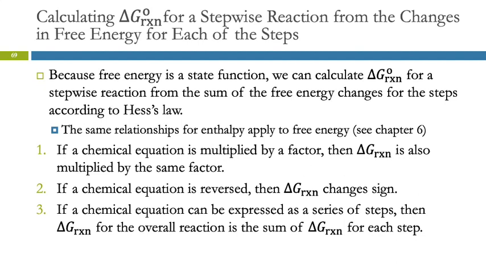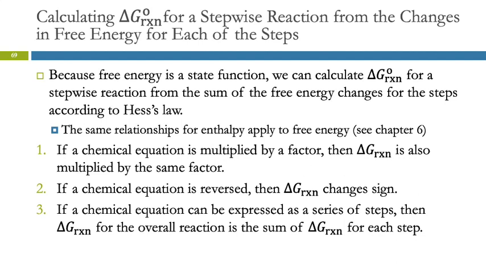Remember, we learned some different rules when we were looking at equilibrium constants, but these are the same as for delta H. If you multiply the chemical equation by a factor, you multiply delta G by the factor. If you reverse the equation, you change the sign. And we can add up the individual pieces.